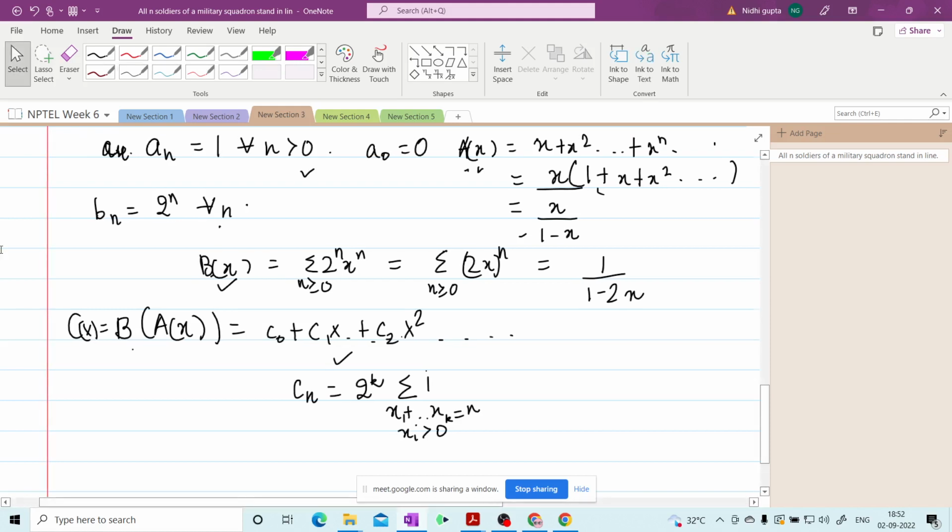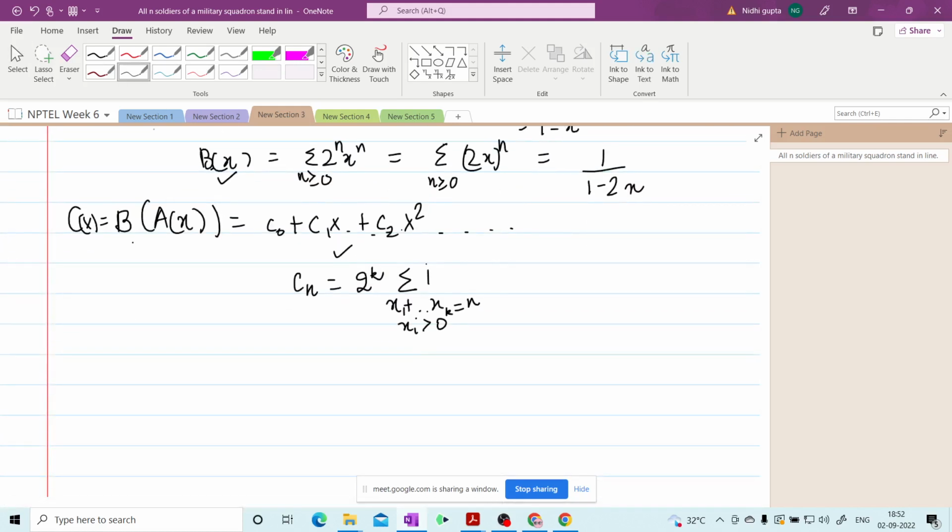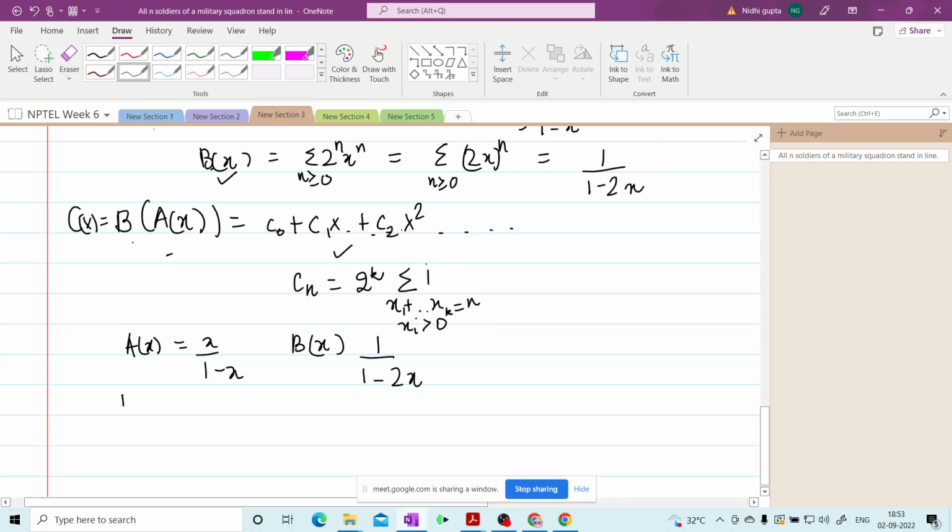Now to find the closed form expression, we use the ordinary generating functions. Our A(x) was x by 1 minus x, our B(x) was 1 upon 1 minus 2x. To compute B(A(x)), we basically replace x by x upon 1 minus x. This is the meaning of composition.